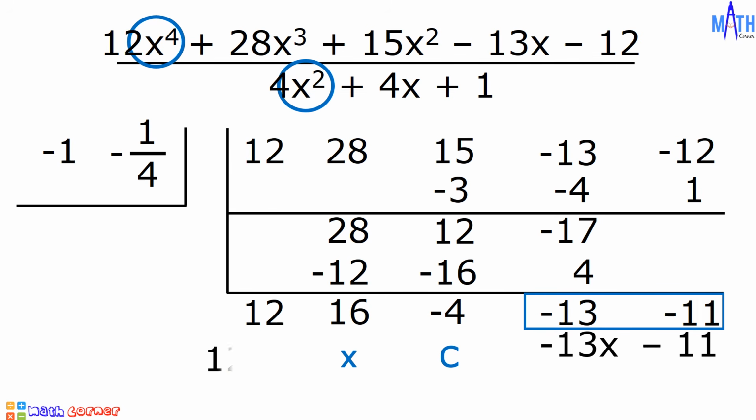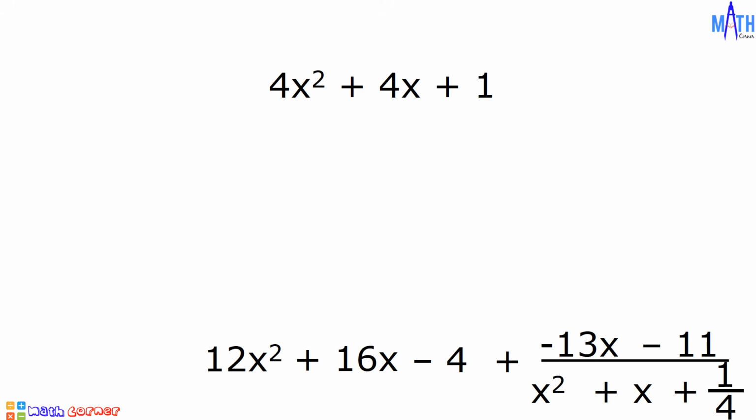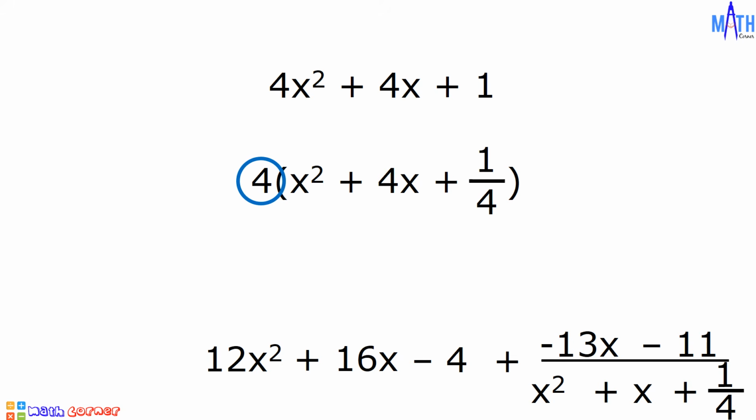And we have 12x squared plus 16x minus 4 as the quotient, plus negative 13x minus 11 over the divisor, which is x squared plus x plus 1/4. Since we factored out 4 in 4x squared plus 4x plus 1, and it becomes 4 times quantity x squared plus x plus 1/4, let us divide each term of this answer by 4.